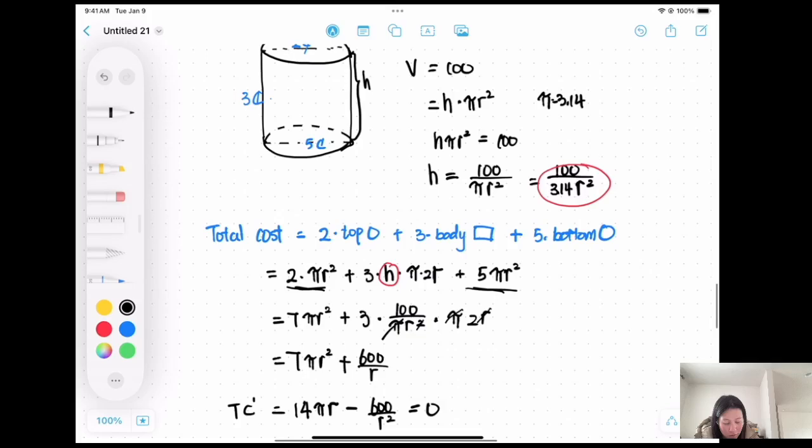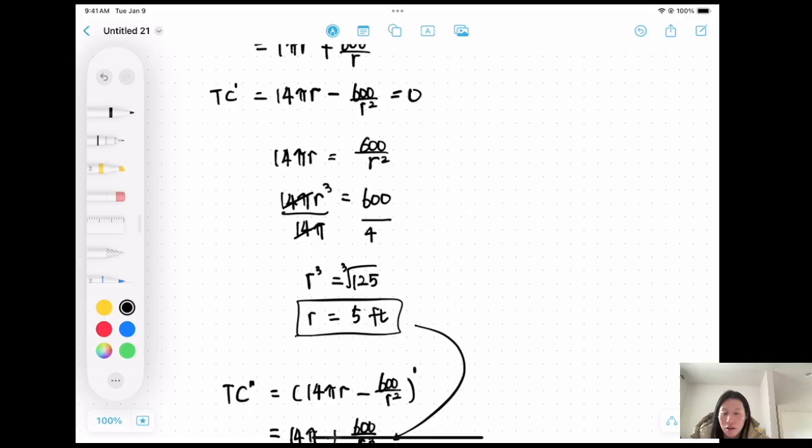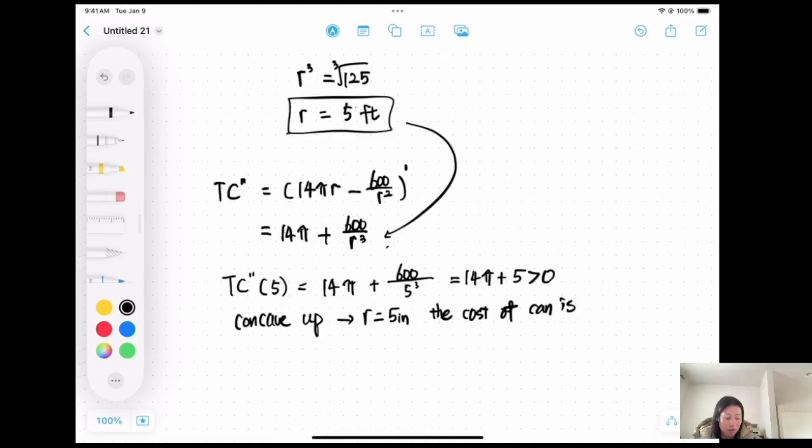Let me go back to the question and take a look. Inches, they use inches. So when r equals 5 inches, the cost of the can is minimum. It is minimum.